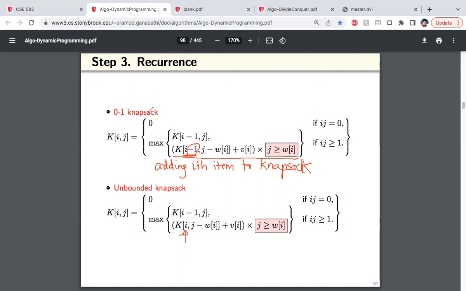So we do not decrement this; we keep it as it is, because in the next instance you can add a second instance of the ith item if you want.